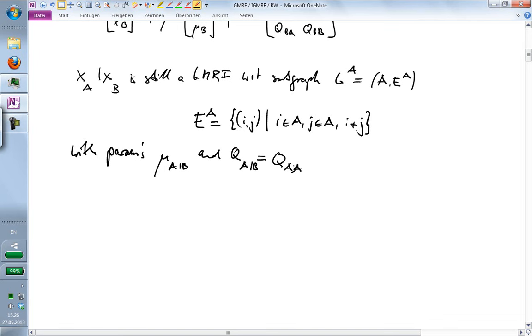And if you want the proof, you can look, for example, in the nice textbook by Lauritzen, or in a paper by Havard Rue, or in the recordings from the pattern recognition lecture. There's also a lecture on Gaussian processes where I think I've also shown the proof.